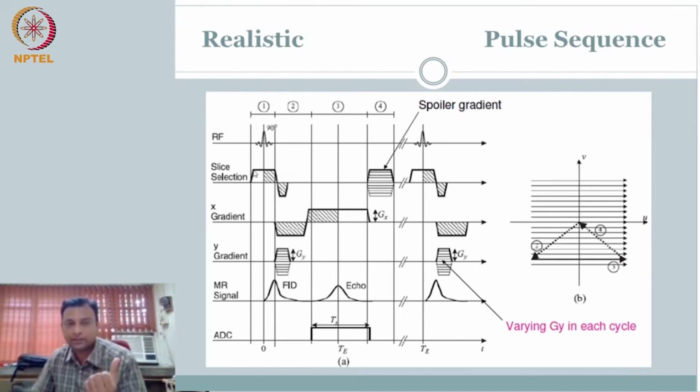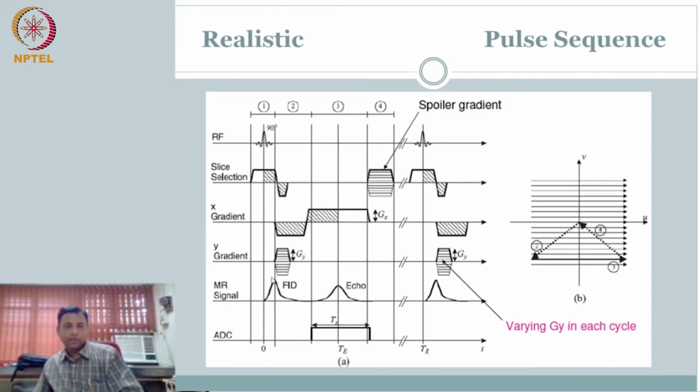In the previous sequence that we showed, it was all ideal. That is, turn on means it goes from 0 to maximum instantaneously. Likewise, it drops from maximum to 0 instantaneously. Realistic means it now takes some time to go up, and some time to come down. So all the rectangles became trapezoids. That is one form of realism that we have incorporated in the explanation of this diagram.